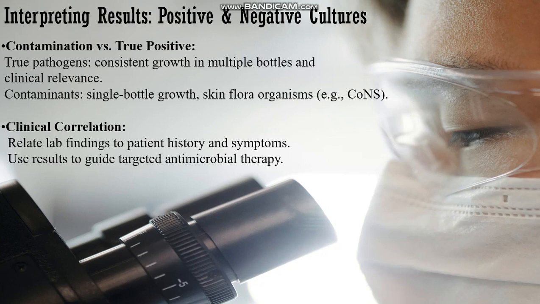Usually it's the true positive, the true pathogen. The correlation is very important. Some people say it's not the job of the microbiologist, it's the job of the ID consultant. But I believe the microbiologist should always correlate his results to patient history.